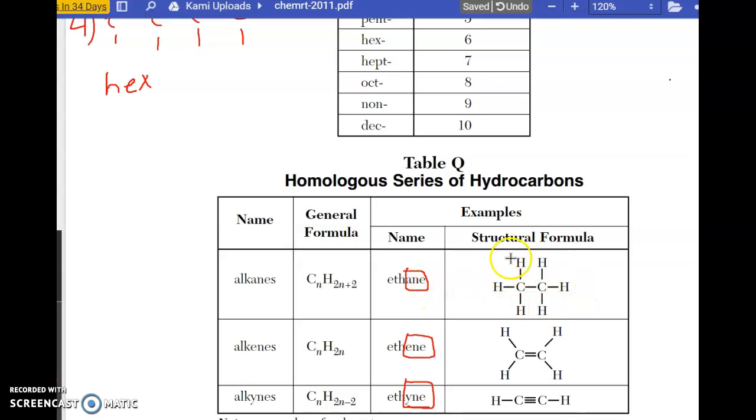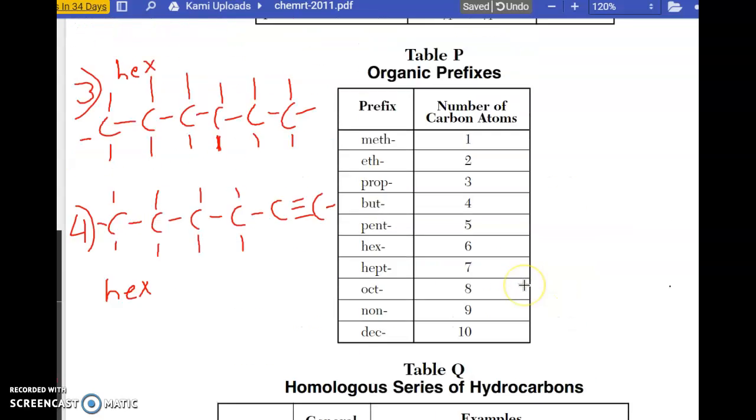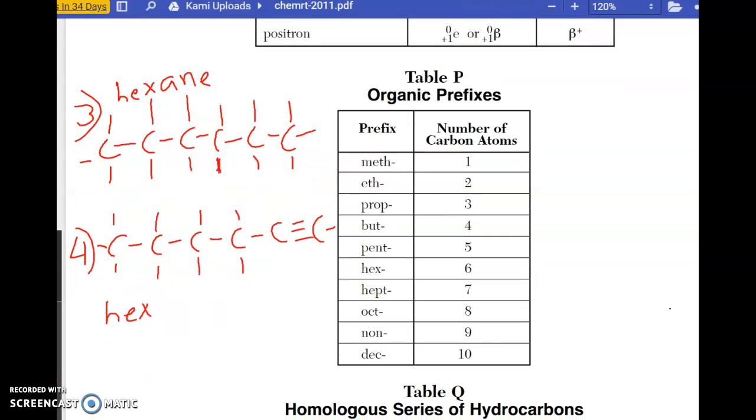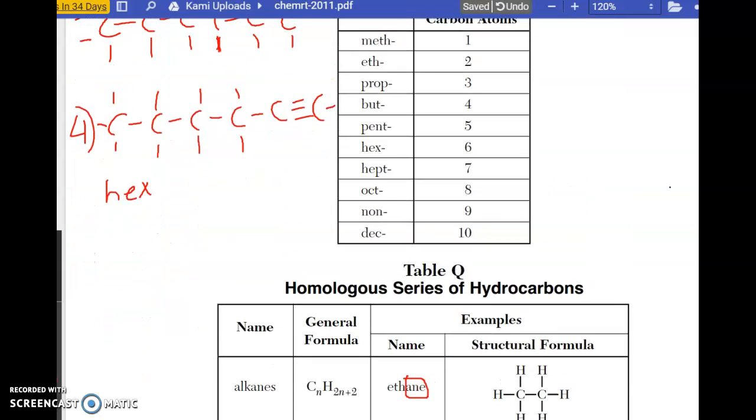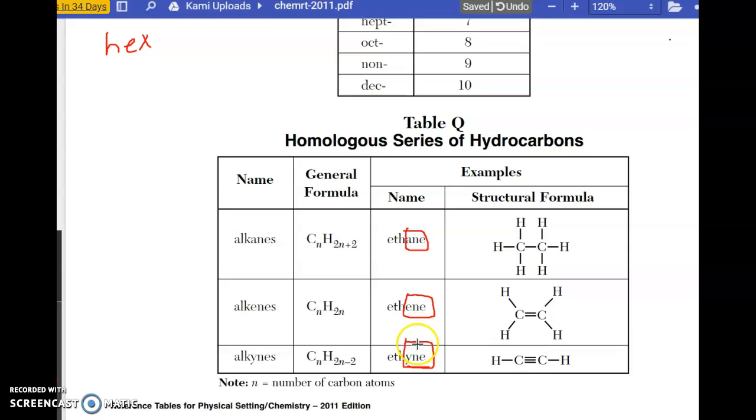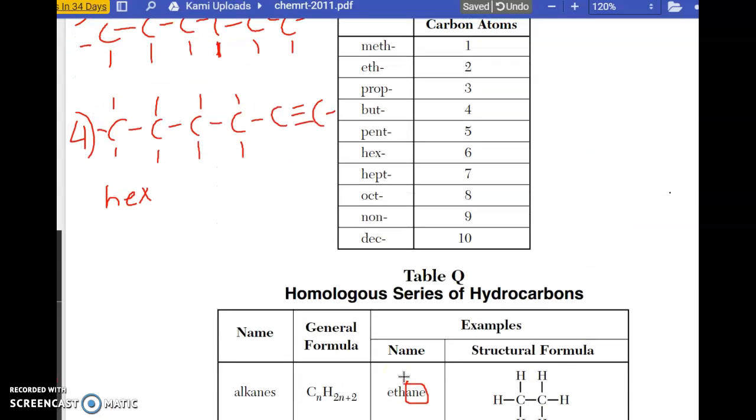Notice in this little picture on the side, there's only single bonds between the carbons. So number 3's name is hexane. For number 4, there is a triple bond right here, so we are going to end that name in -yne, Y-N-E. So this is hexyne.